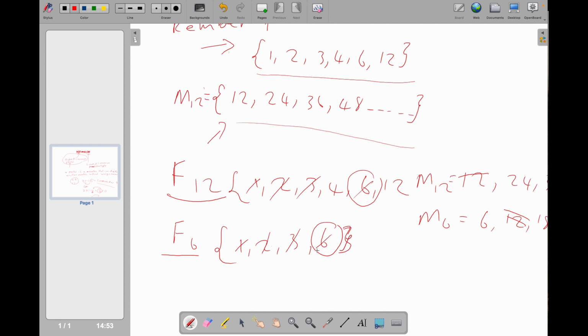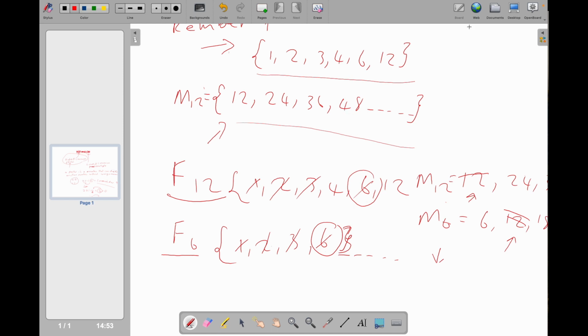It's 6, because 6 is here and here, and here we cannot get another number, so 6 is the highest. And when we talk about the lowest common multiple, we talk about the smallest number that can be a multiple of both numbers. So here we have 12, and here we have 12. So that's the smallest. So how can we find the highest common factor or the lowest common multiple?